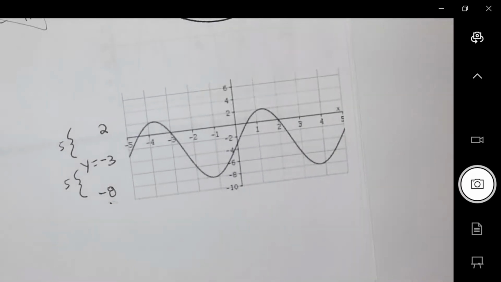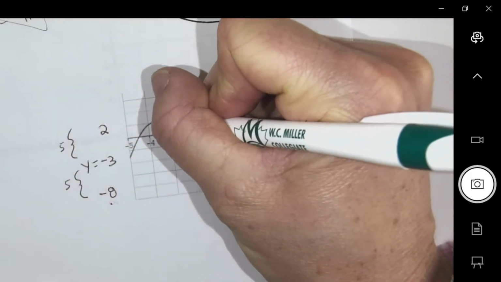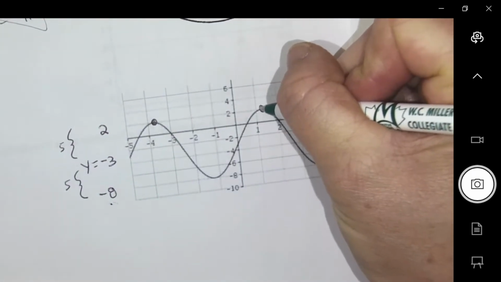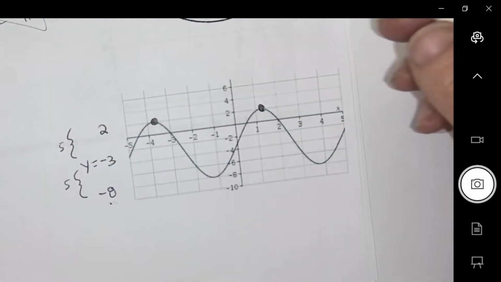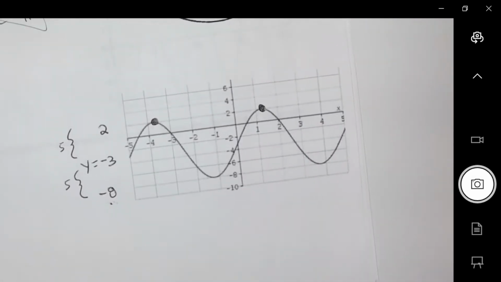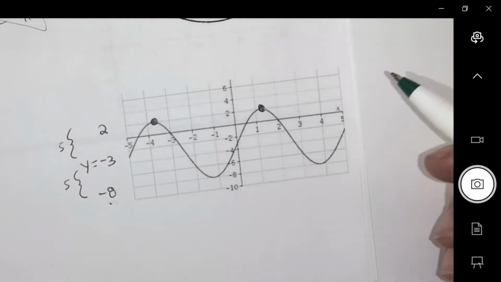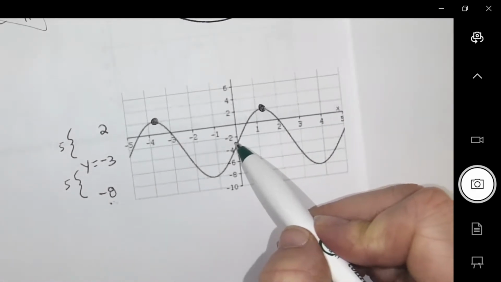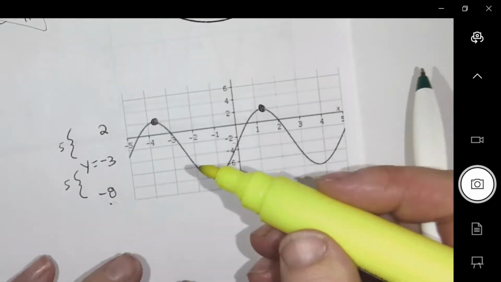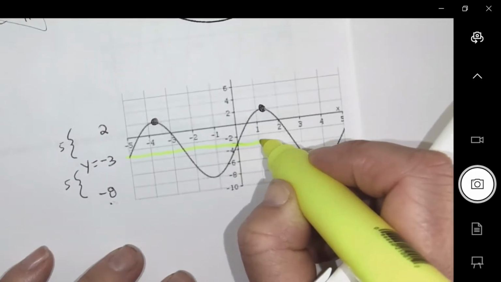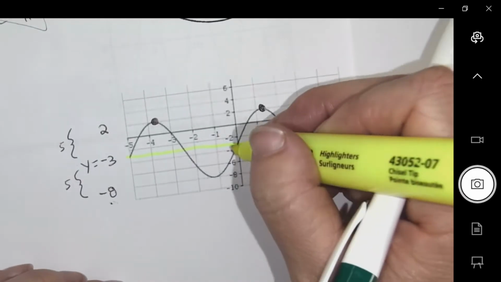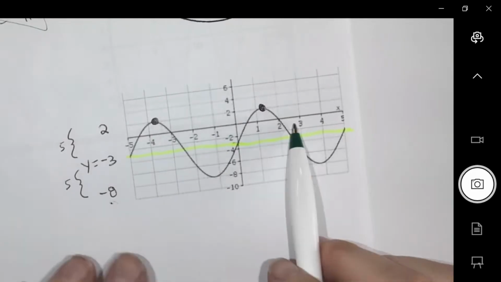Okay, period. I did not give you a very good one here. I don't see a clear top to top or bottom to bottom. We'll just try to get some values on here because they're not on the intersections. Actually, if I had an imaginary line at -3, that would be better, but okay, we'll do this.